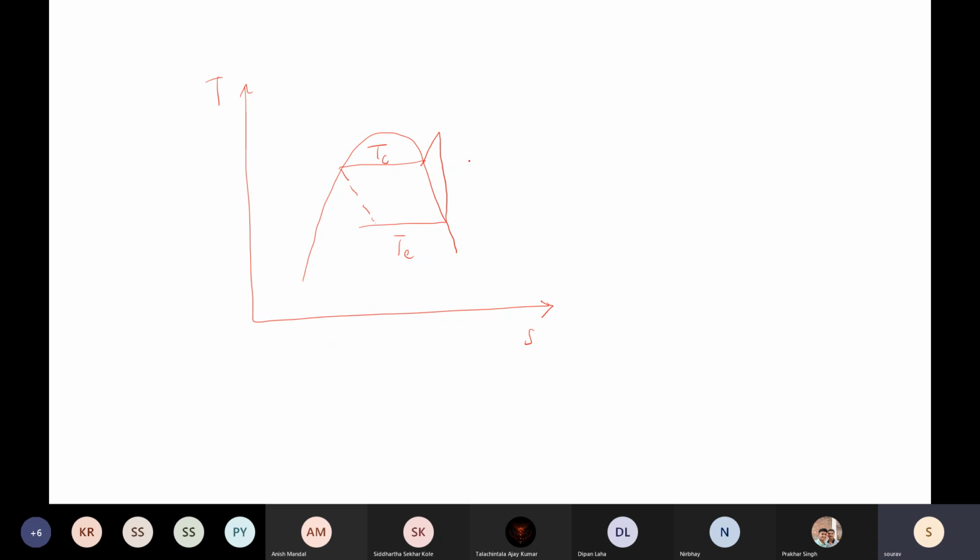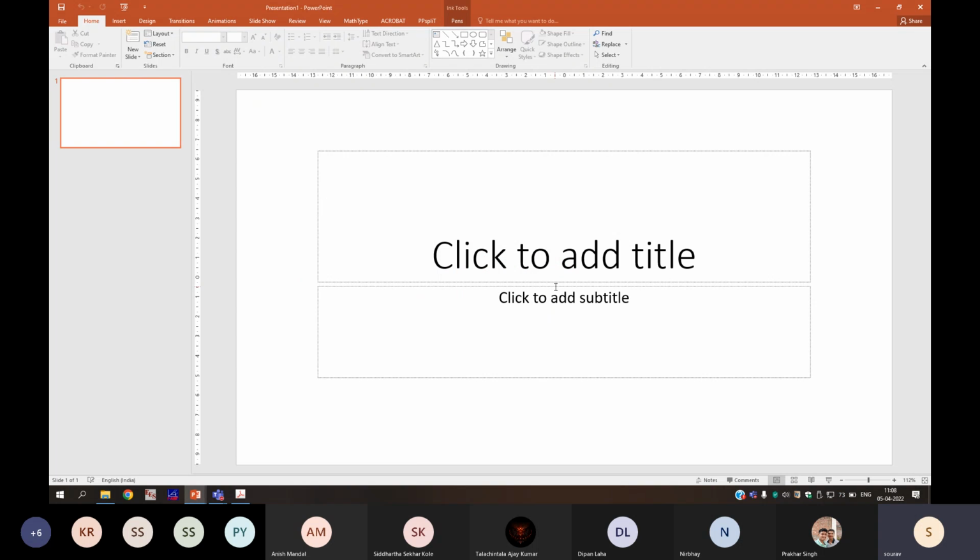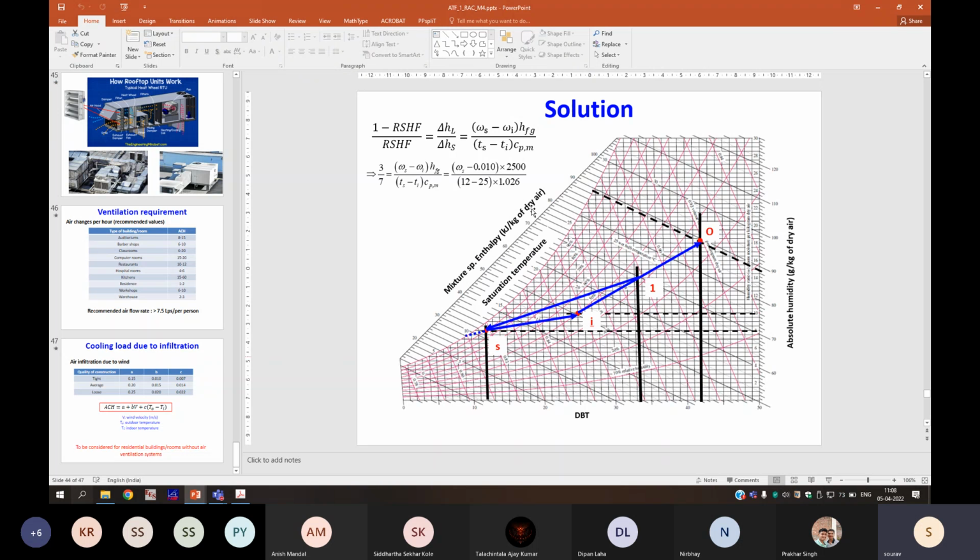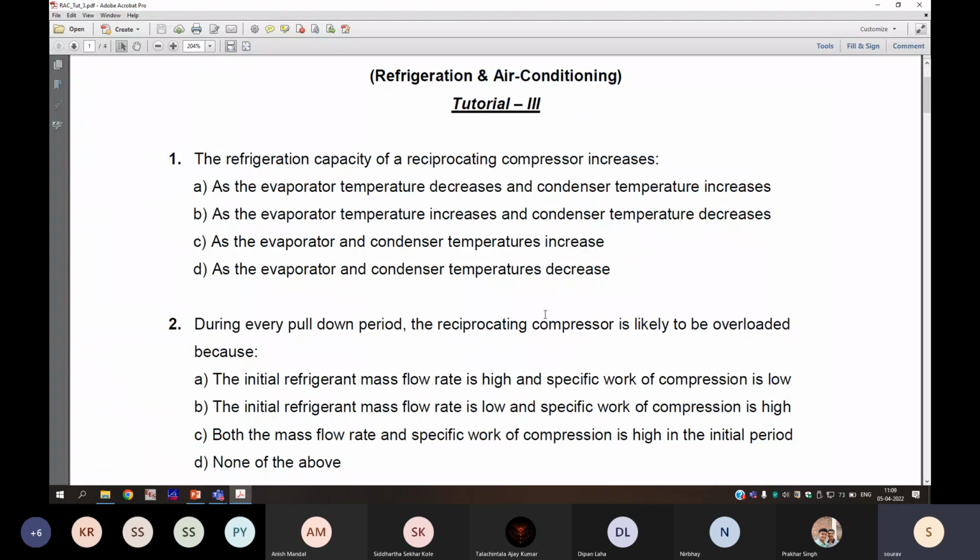Please look at what the options are. Your refrigeration capacity is a product of the refrigeration effect, RE, which is nothing but the difference in the specific enthalpies at the exit and inlet of the evaporator, times your mass flow rate provided by the compressor. This product is your refrigeration capacity. Now you check which combination will lead to an increase in RC.